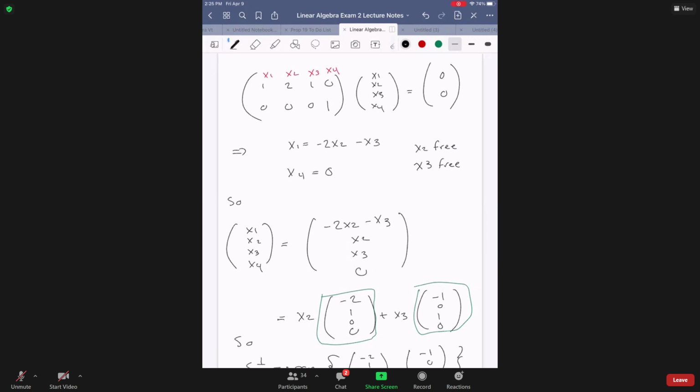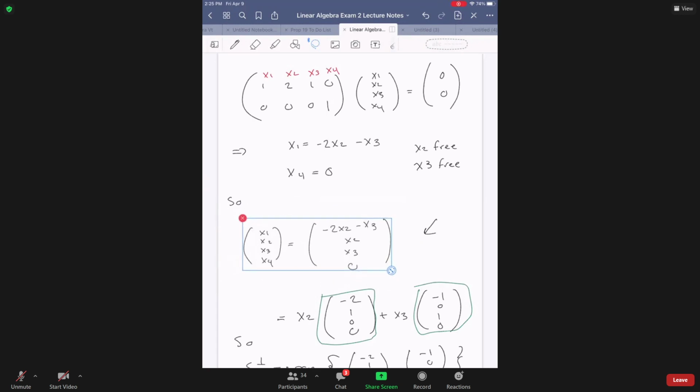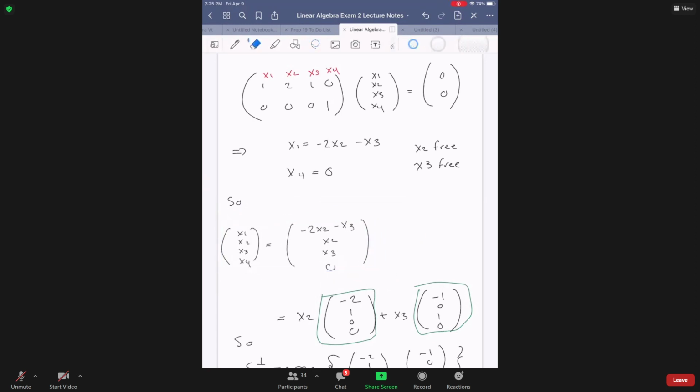Basically, I just split up everything to have minus x2, 0, 0 and minus x3, 0, x3, 0.